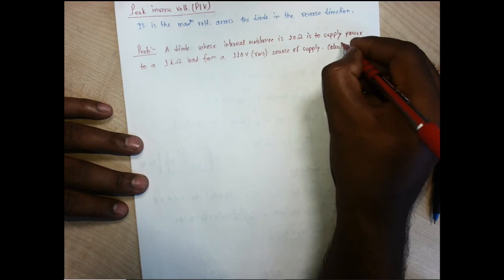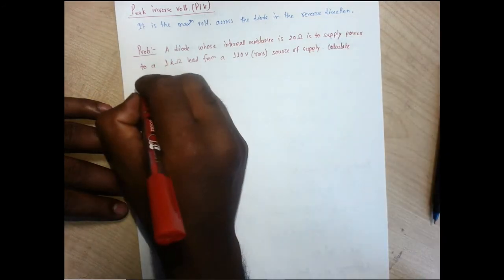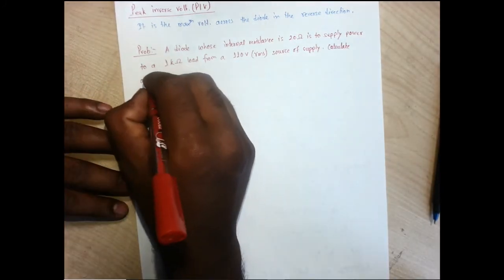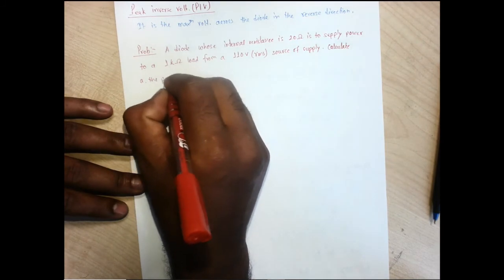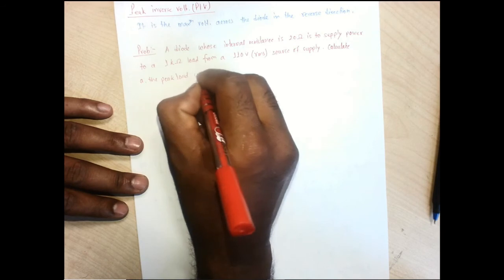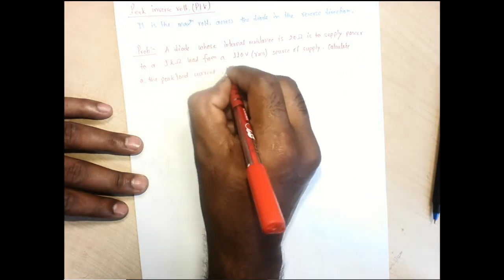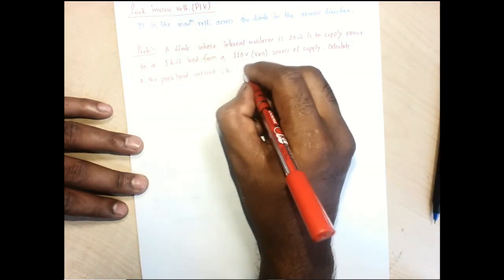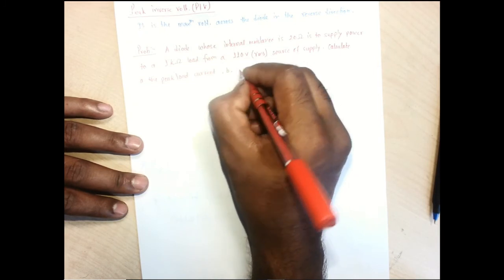Calculate: first, the peak load current. B, the DC load current.